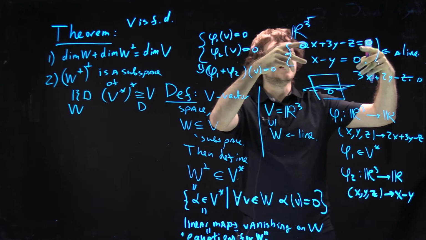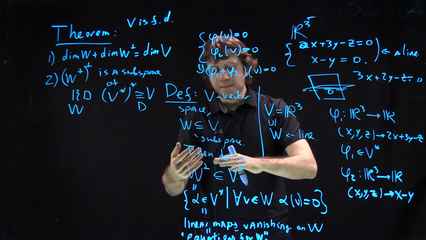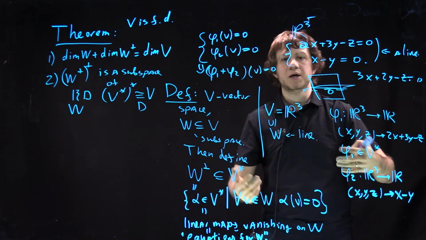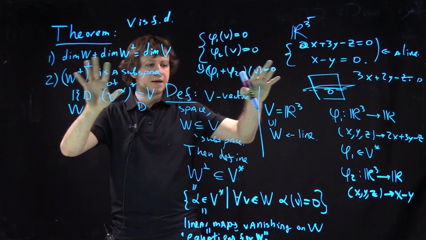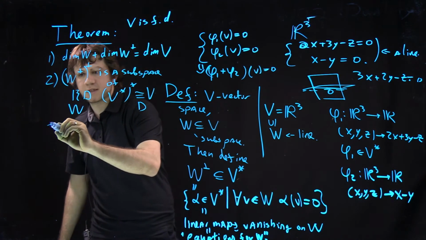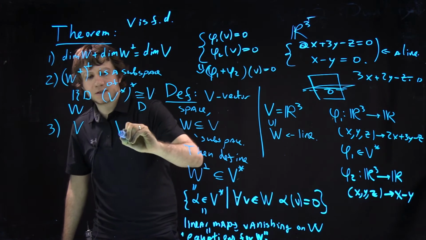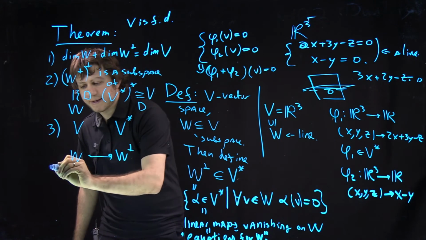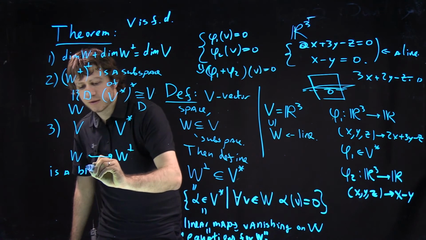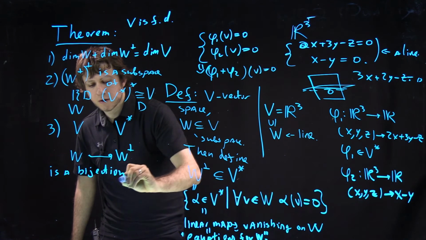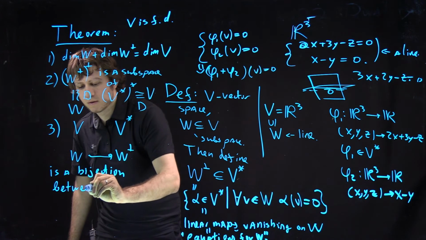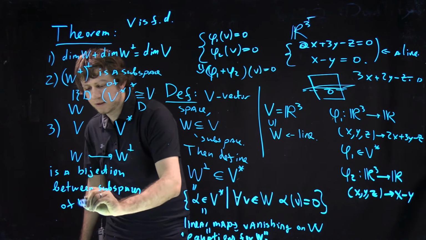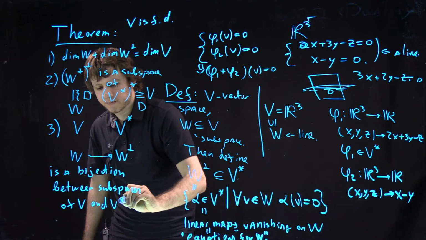So you can think of linear equations determining a subspace, but you can think of a subspace determining all linear equations which are satisfied on it. And this becomes a correspondence between these subspaces. So maybe let me say 3. If you have V and V star, this map W goes to W perp is a bijection between subspaces of V and V star.